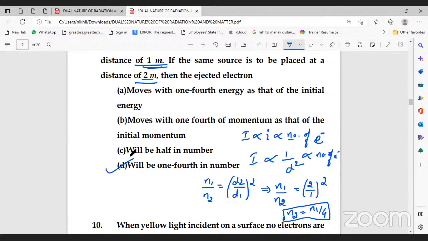Initially the distance is 1 meter, now they are keeping it at 2 meter, so the distance is doubled, and the number of electrons reduces to 1/4. Here the concept is intensity is directly proportional to the number of electrons, and the intensity obeys the inverse square law. So option D.